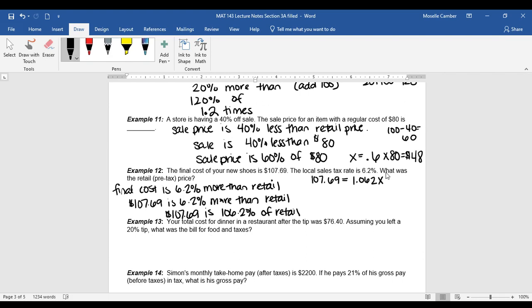So it's 1.062 times x. Solve for x. We divide both sides by 1.062. So my x is going to equal 101.40. Of course, I'm rounding this to the nearest cent because we are speaking in dollars and cents.